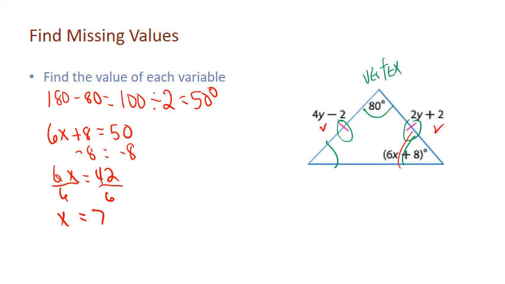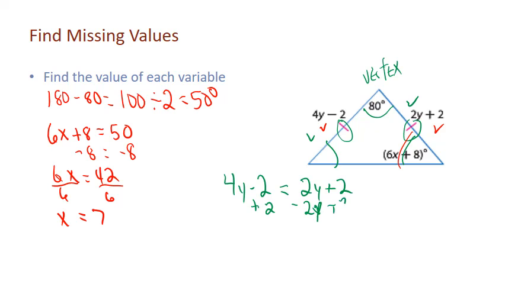So then I would say that 4y minus 2, this leg, is equal to 2y plus 2, which is that leg. Let's add 2 to both sides, and let's subtract 2y from both sides.